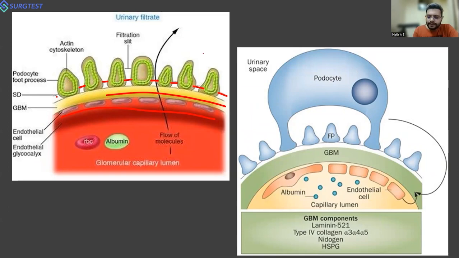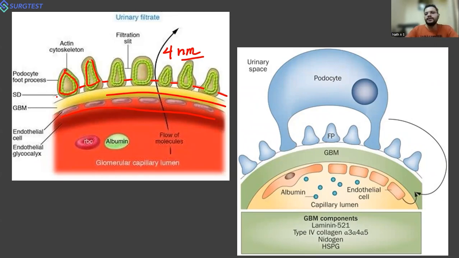And this slit diaphragm, the diameter of the pores in the slit diaphragm is only 4 nanometers. So you can see how from 50 to 100 nanometers in the capillary endothelial fenestrations, it becomes 4 nanometers. So there are three layers, but nothing should actually be lost. So you imagine what kind of problems occur. And this green is by imaging, so it shows you the actin cytoskeleton.